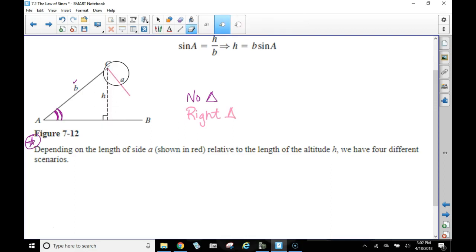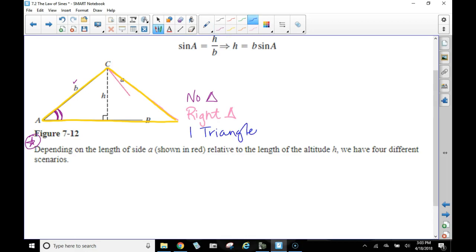Or let's say A is pretty long and it comes all the way out here, and so the triangle that is formed looks a little something like this. So in that case, we could have one triangle, okay?